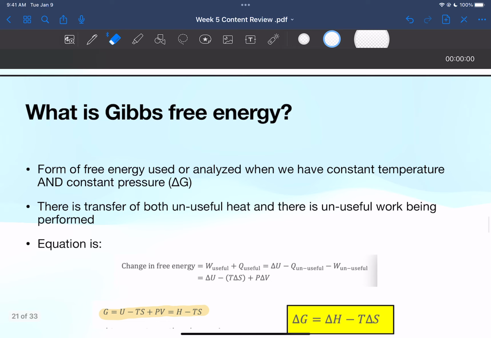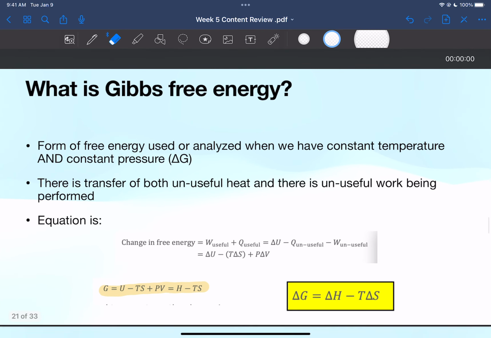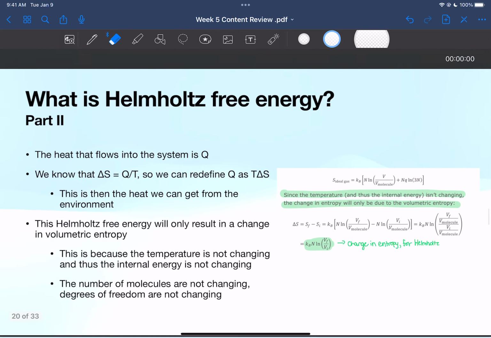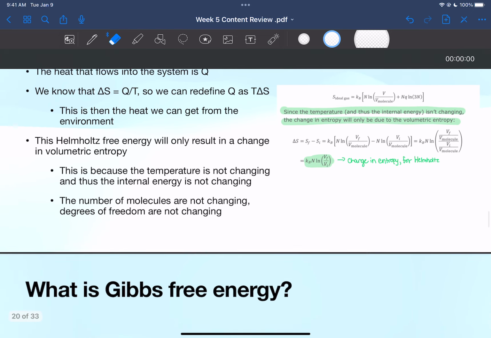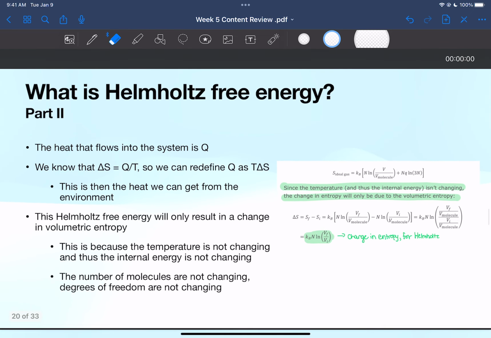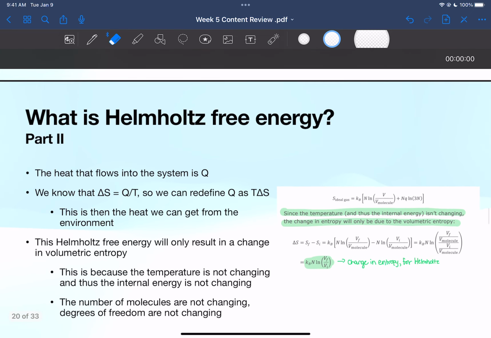Okay, awesome. Good old Gibbo. Before I move on to Gibbo here, any questions about Helmholtz free energy again?